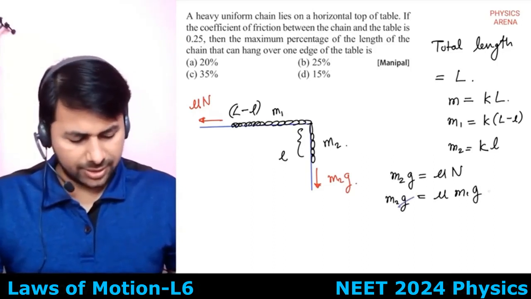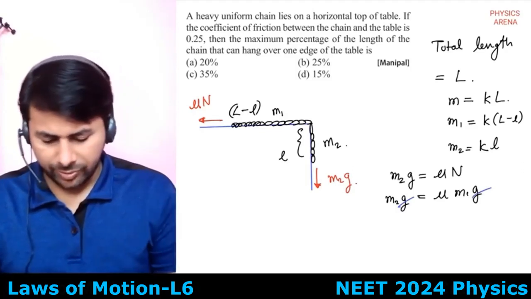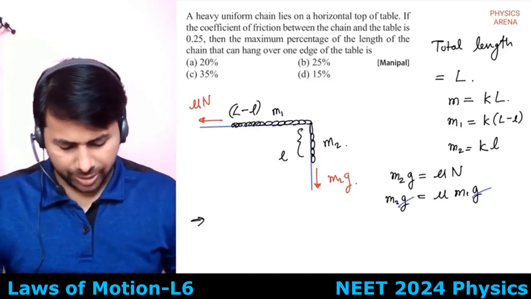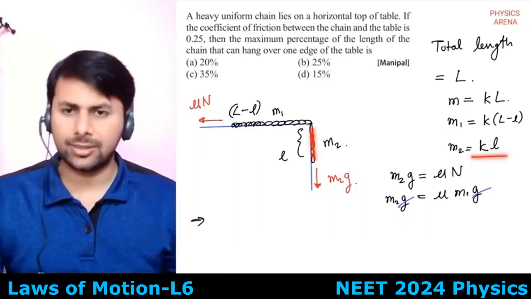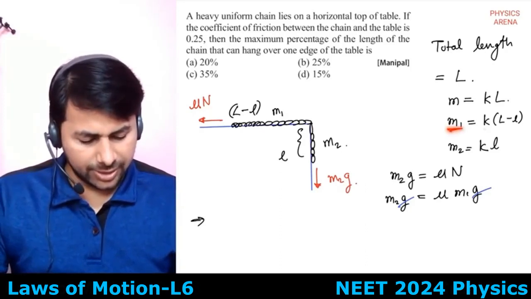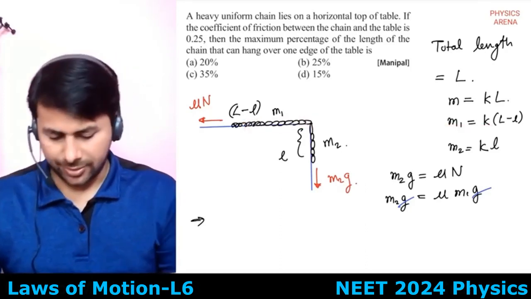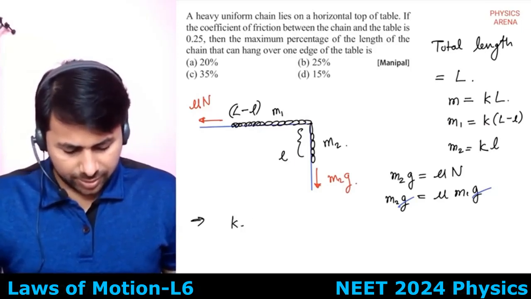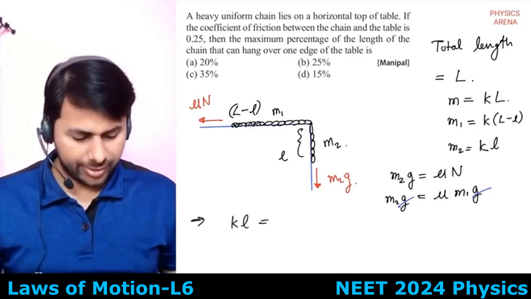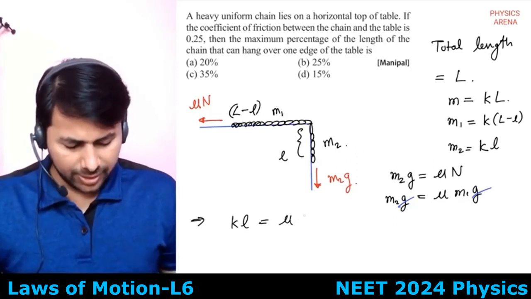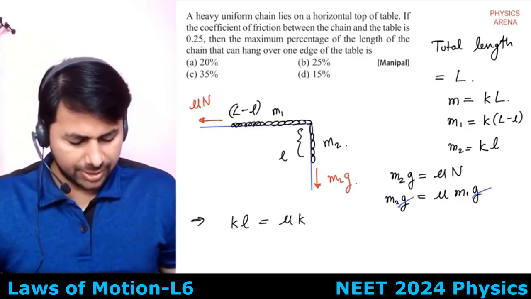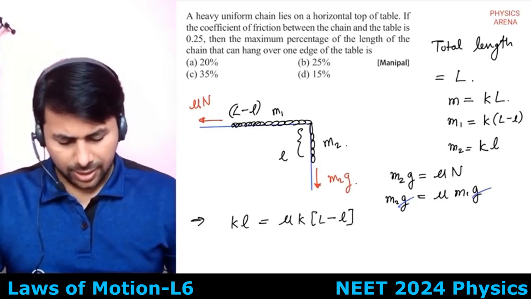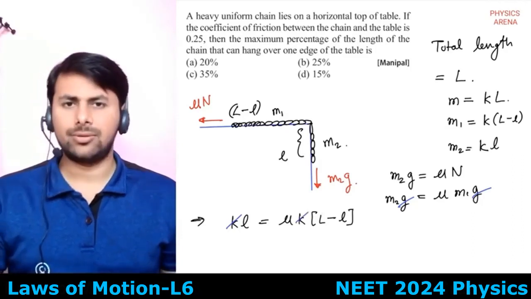g and g get cancelled, and then what do you have? Let's put m2 equal to k times this length, and m1 equal to k times this much length. So you have k times small l equal to mu multiplied by m1, which is k times (capital L minus small l), and you can cancel out k also.